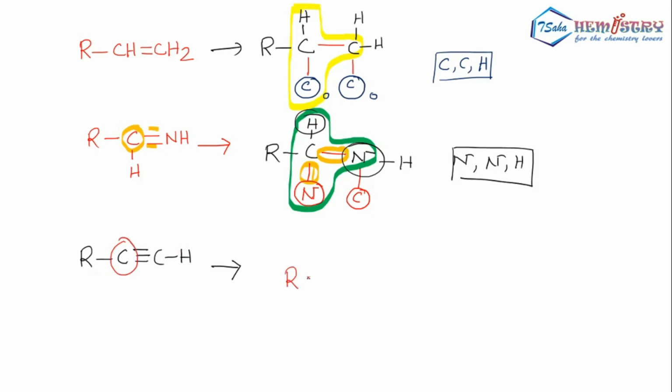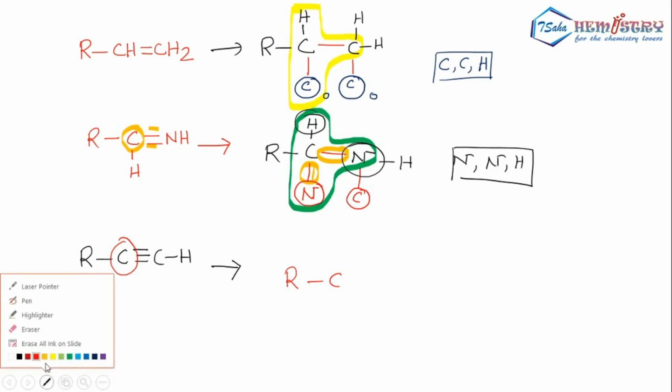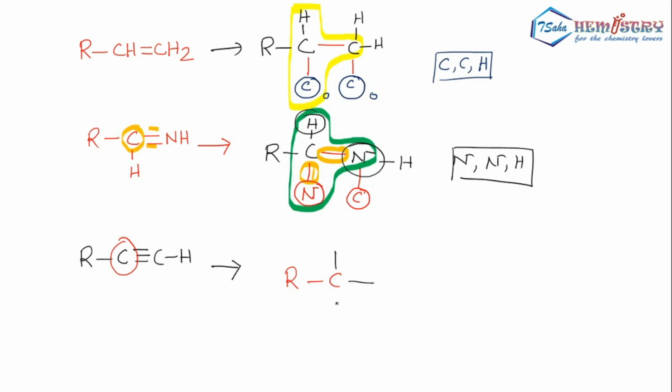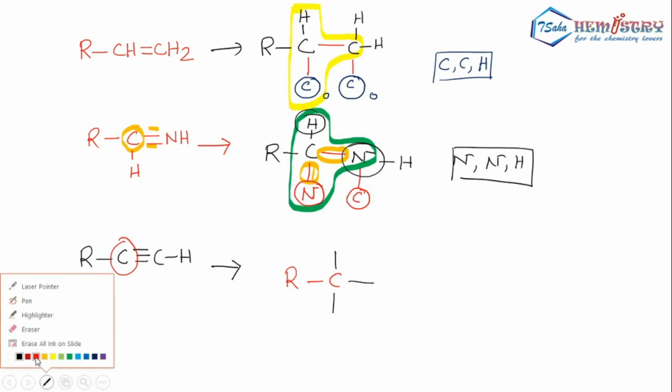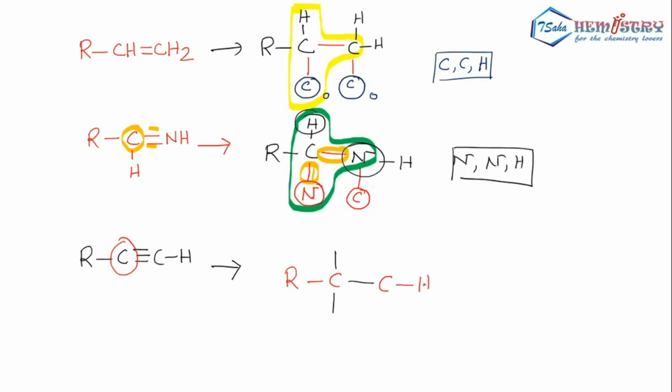So whenever you break down this structure, you have to write it in this way, RC. That carbon will make a new triple bond, so this is bond 1, 2 and 3. So we have another carbon over here, for this we write C, and we write H over here.